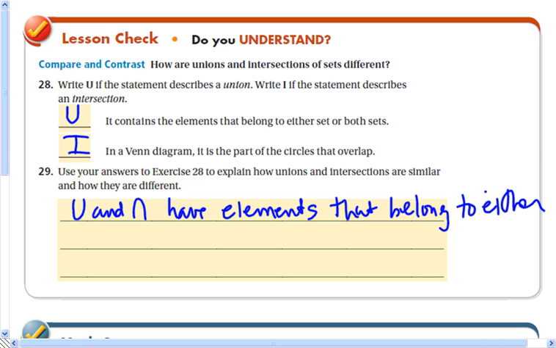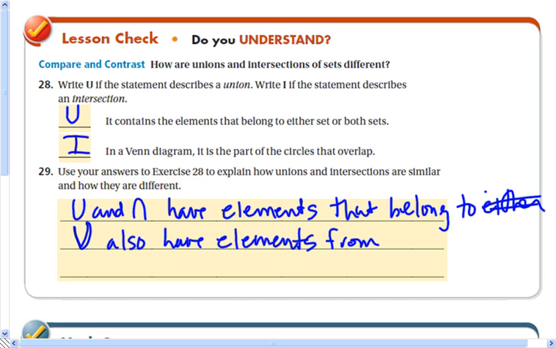And they are different in that unions also have elements from both sets, or elements that can just be in one or the other.